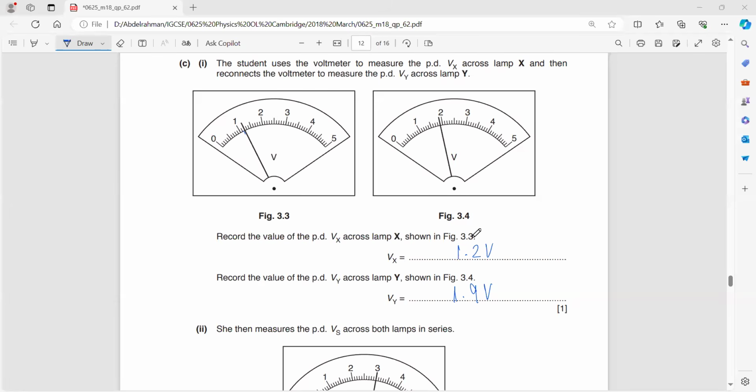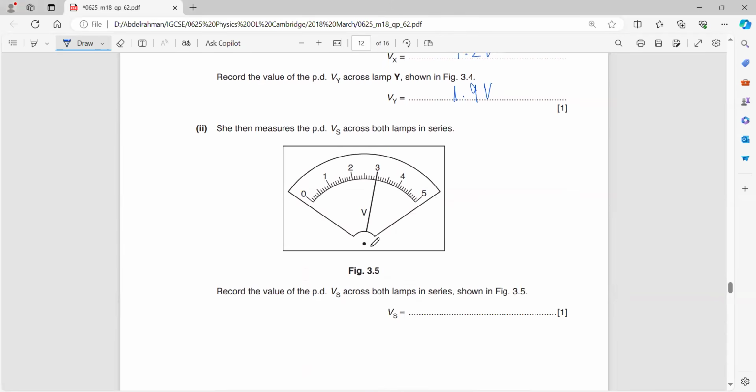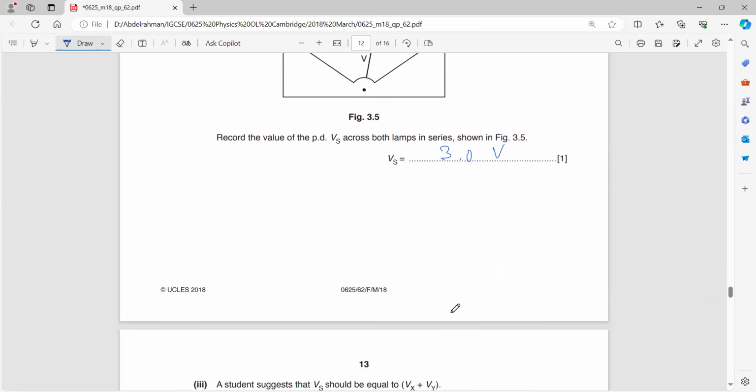So 1.1, 1.2, and no, the voltage Vy would be 1.9. The voltage of Vx and Vy together would be 3.0 volts. Okay, 3.0 volts.